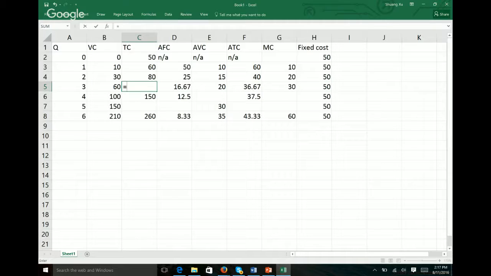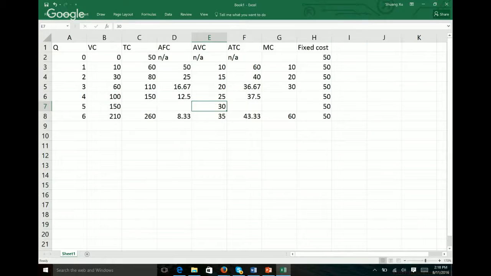You can use your average total cost times quantity, or you can use your variable cost plus fixed cost. So let's use your variable cost of 60 plus your fixed cost of 50. That's a total of $110. Okay. And then for the fourth unit, your average variable cost is 100 divided by 4.